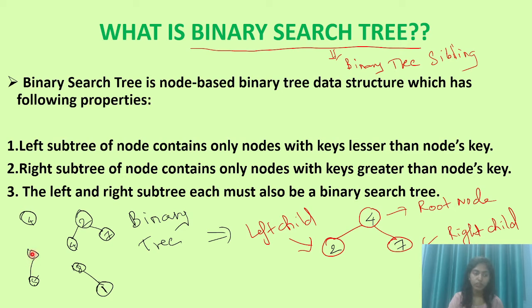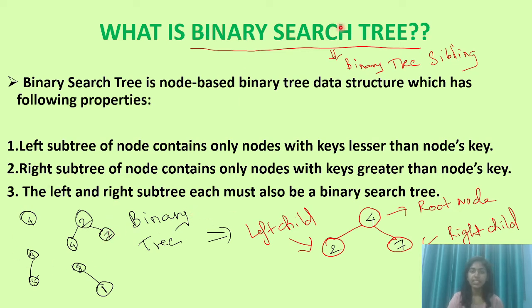Now see, here the root node is 3 and it is having the left child which has a value 5, or it can have a root node and the right child like this. See, the root node is having value 8 and the right child has value 1. Or binary tree can have two children, left as well as the right child, like this. So 2 is the root, the left child is having the value 4 and the right child is having value 7. So this was the concept of binary tree.